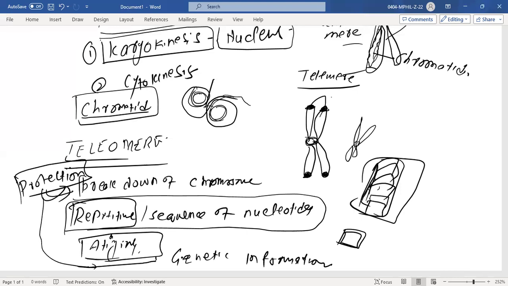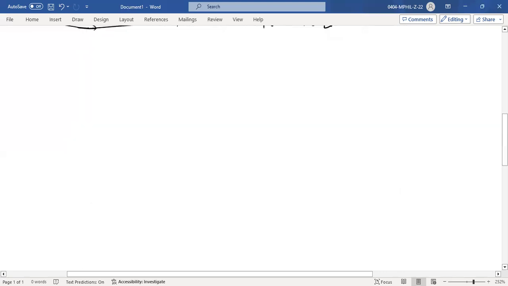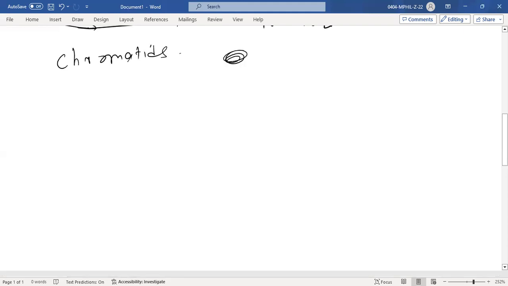Are you getting it? Achha. So chromatin, I have told you that its composition is made of two components. This is the chromatid, and what are those components? Telomeres and chromatin. This is the chromatid, this condensed structure.